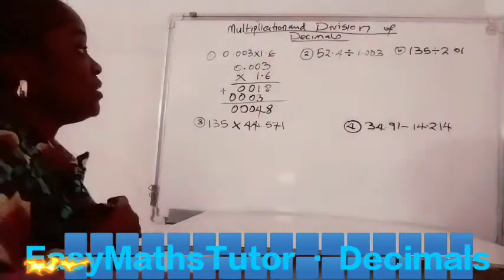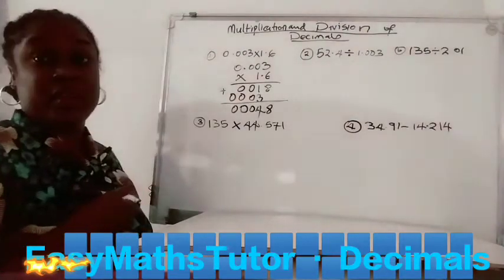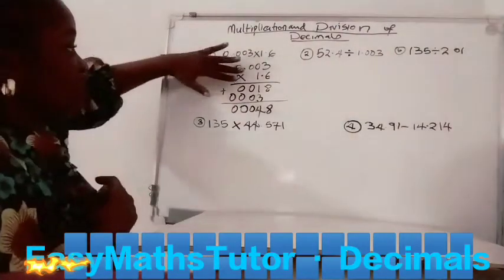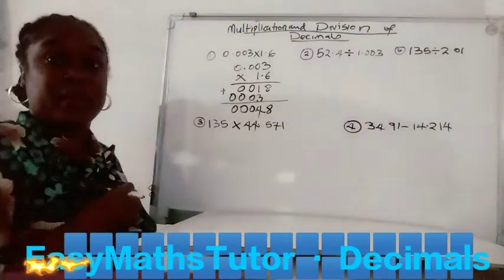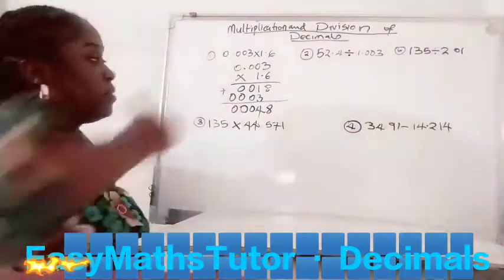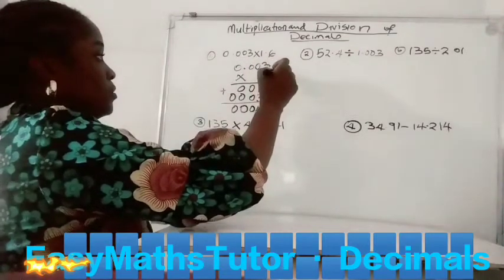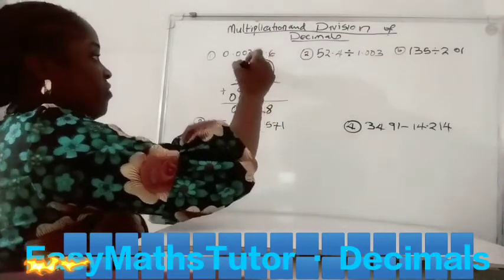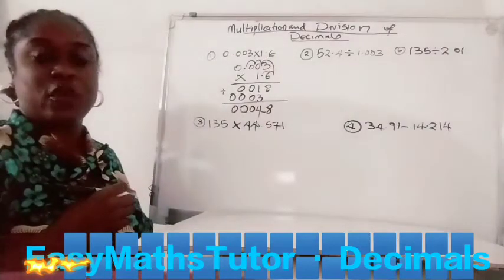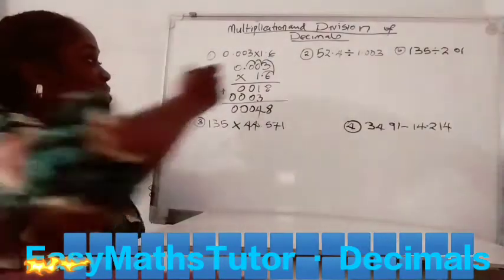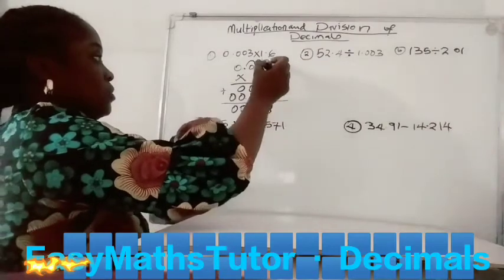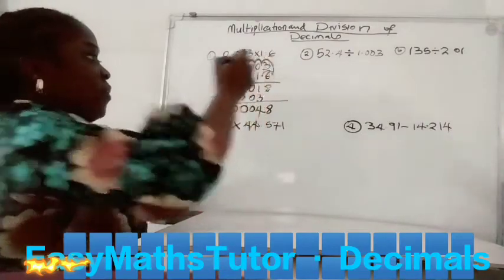So now what do we do next? We're going to count the decimal places we have in the beginning part of this multiplication. So now let's count together. We have 1, 2, 3, 4. We have 4 decimal places. Let's count it again. 1, 2, 3, 4.